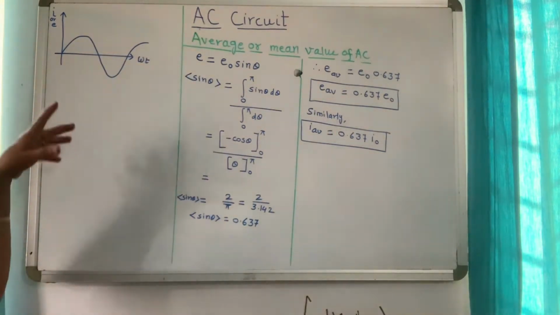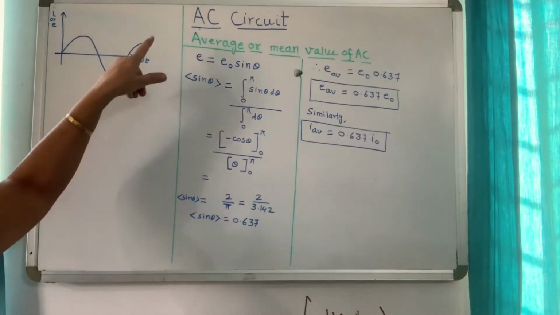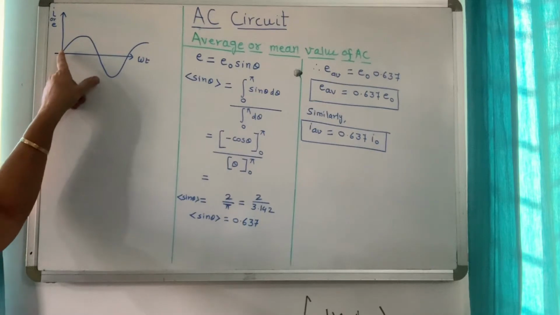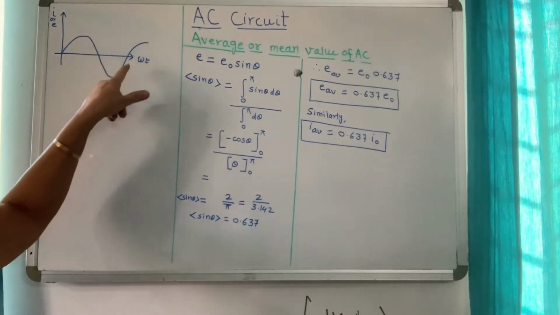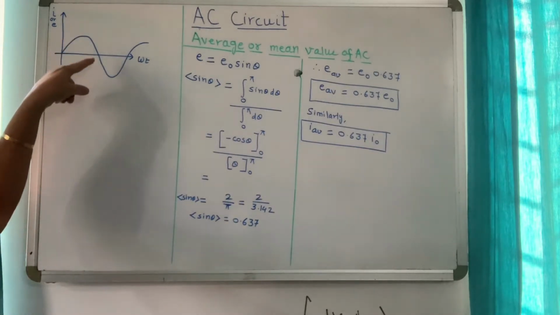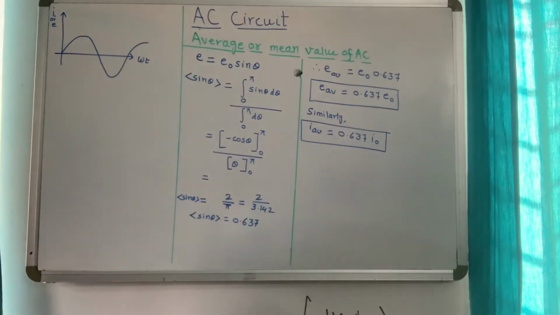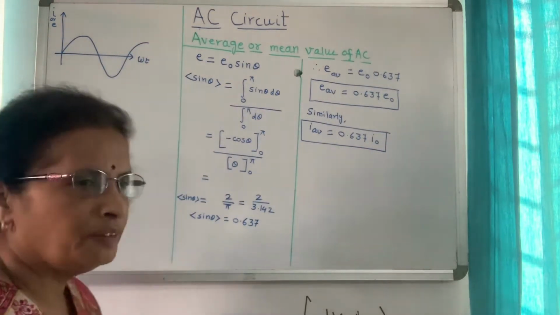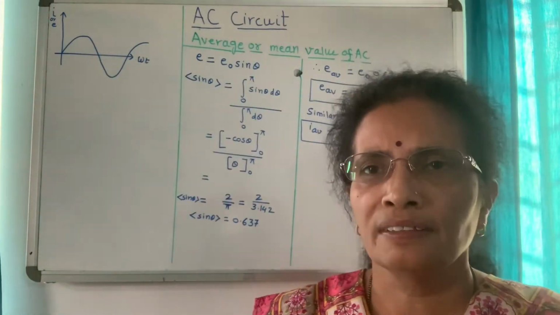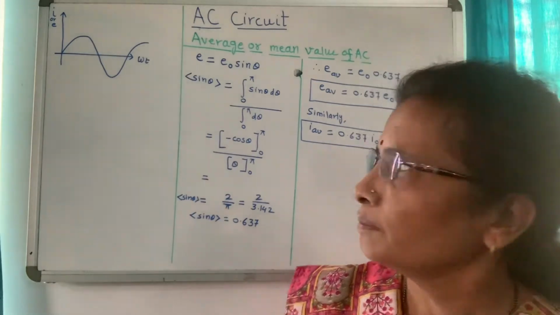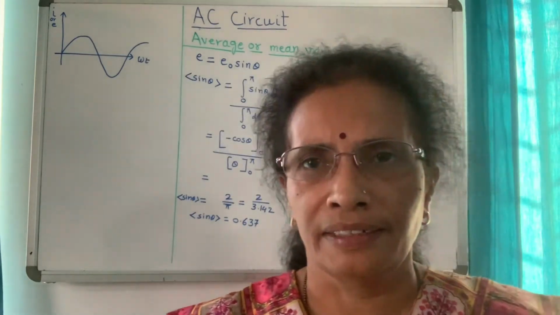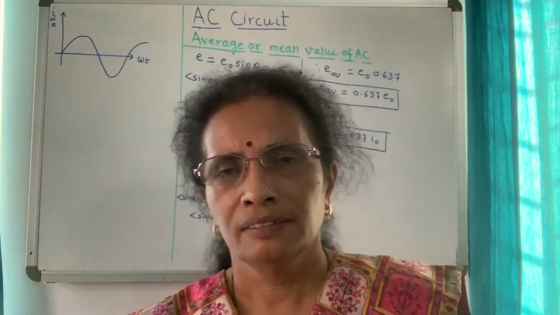So using this graph we can say that the alternating current is the current whose magnitude changes continuously and whose direction reverses periodically. We will discuss later on how this graph comes or what is the concept behind it. First we will see how this alternating current generates and where it generates.